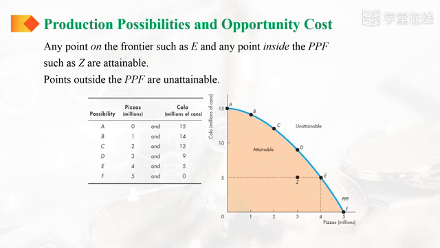Moving along the PPF from point E to point D, we produce more cola and less pizza: 9 million cans of cola and 3 million pizzas. Or moving in the opposite direction, from point E to point F, we produce more pizza and less cola: 5 million pizzas and no cola.